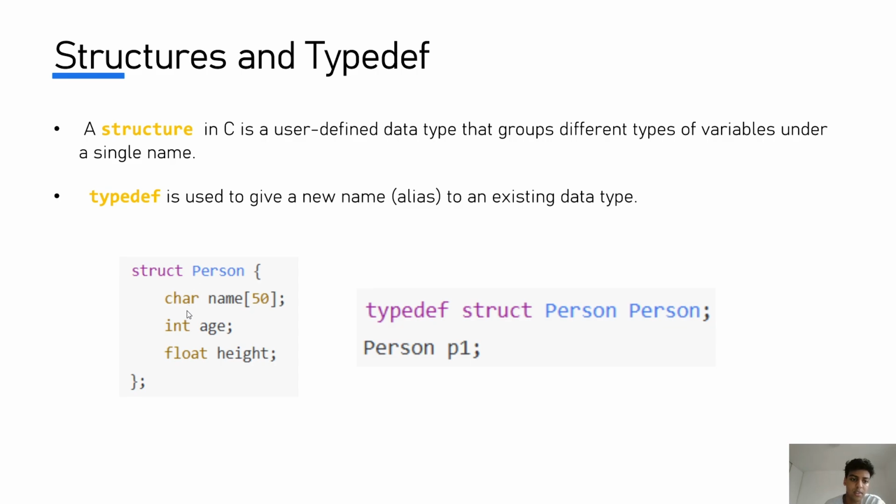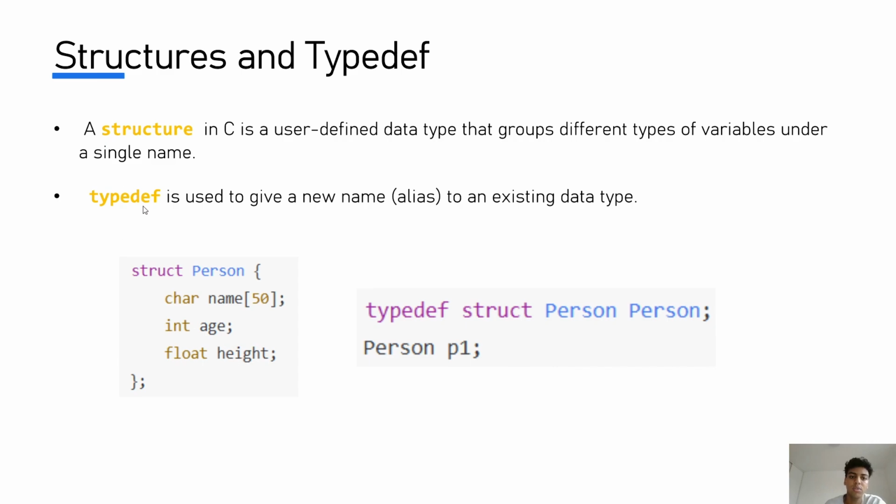For example, a person can have 3 fields: name, age, and height. And for example, in C, we don't have a date type. So we can go ahead and create a struct date with hours, minutes, and seconds. So it's very useful, we can do that.